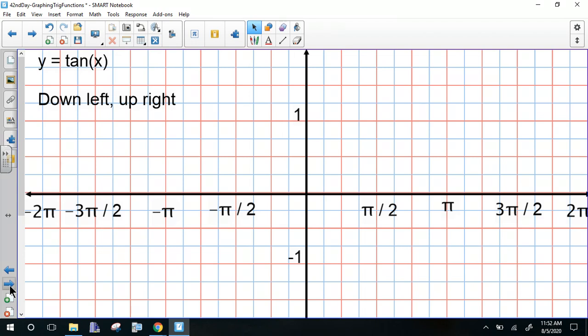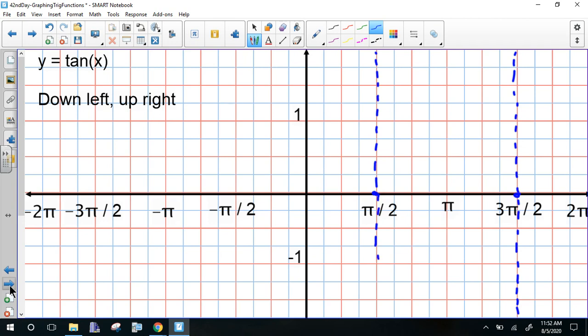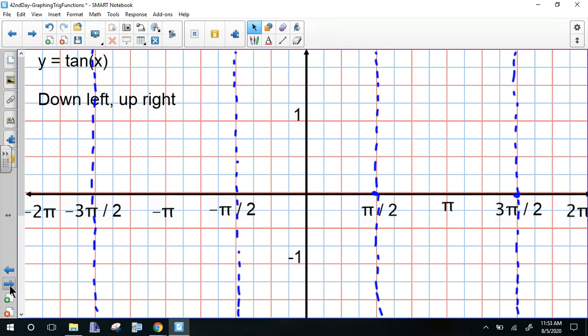So we're going to draw tangent of x. We're going to have vertical asymptotes at every half pi, and we can draw them in there as dashed vertical lines. And then for tangent, you're going to start and go down from the left and up on the right.